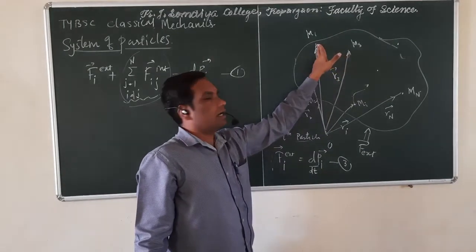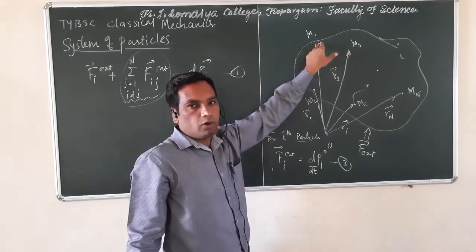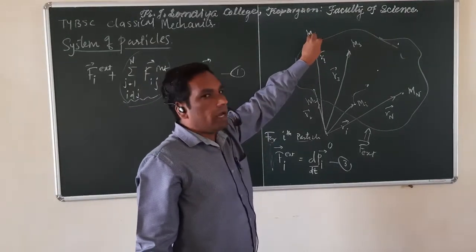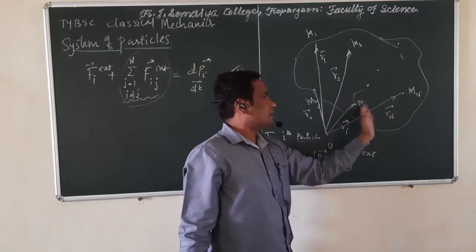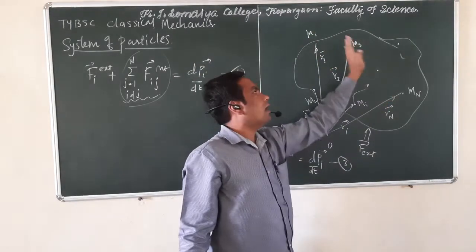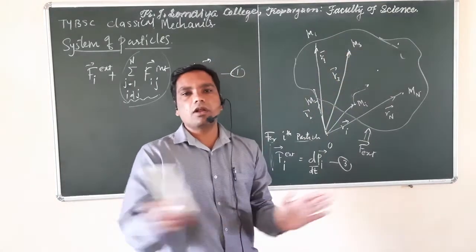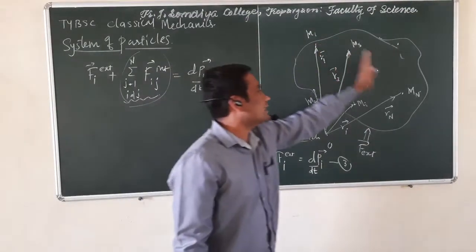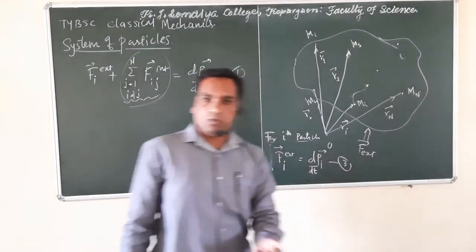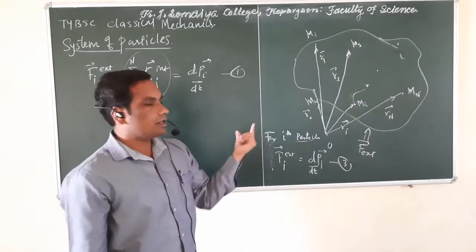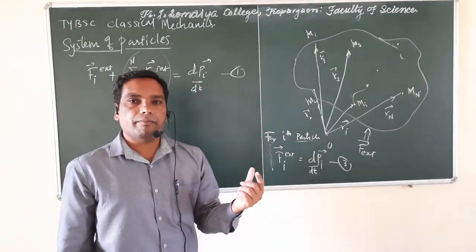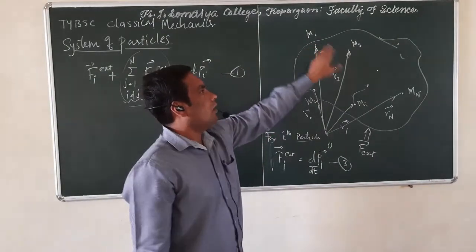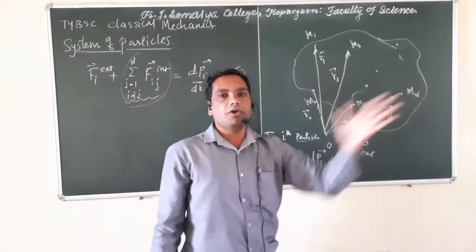When we apply Newton's second law of motion only to mass m1, all the objects of masses m1 up to mn are external objects. So we have to take into account forces acting on m1 due to these external objects. Remember, in Newton's laws of motion, external force is the force applied by an external body. So if you apply Newton's second law for m1, all the other masses are external bodies.